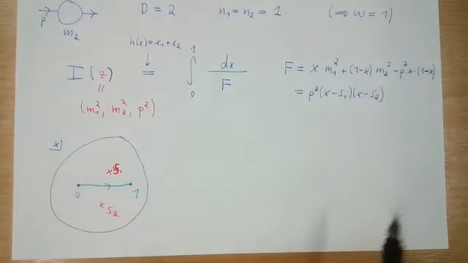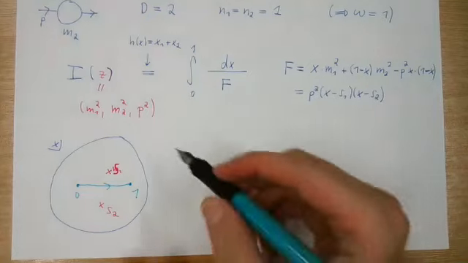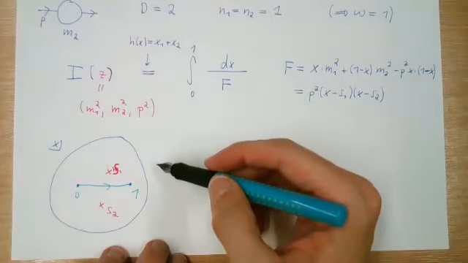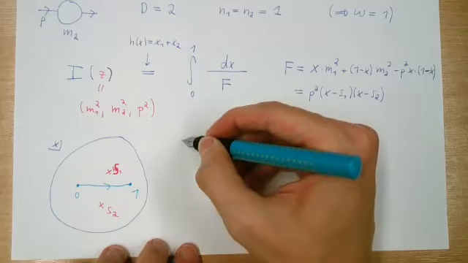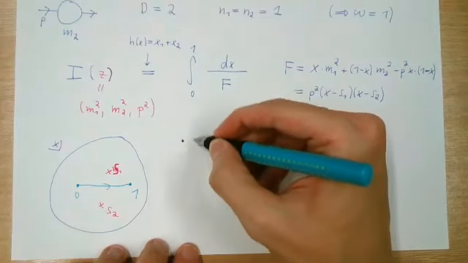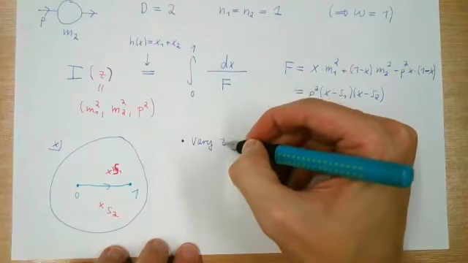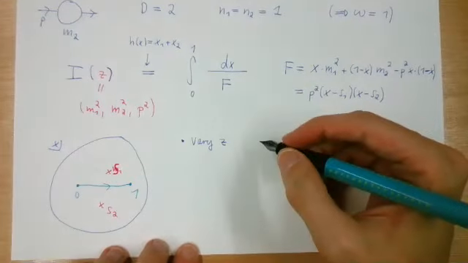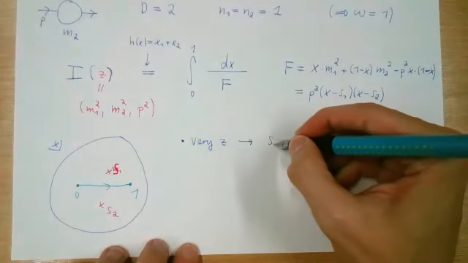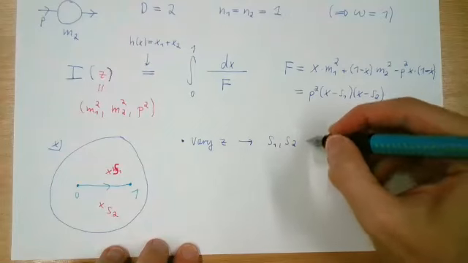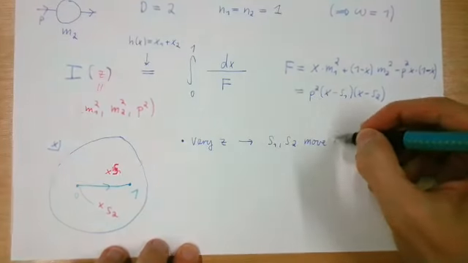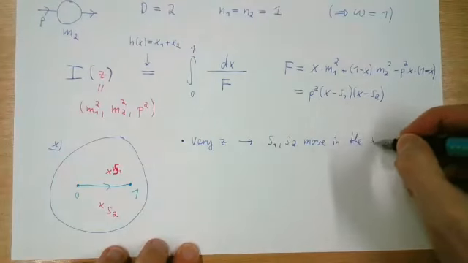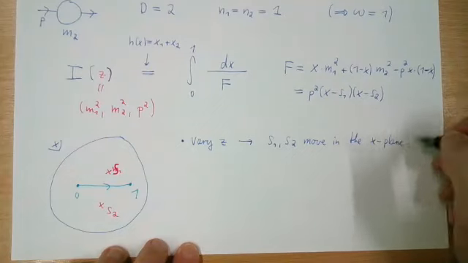So you have these 2 zeros of the denominator that are somewhere in the x-plane. And now the question is, how does the integral depend on z? When you vary z, you move around the masses and the momentum. But what happens is that these points, S1 and S2, move. They move around.